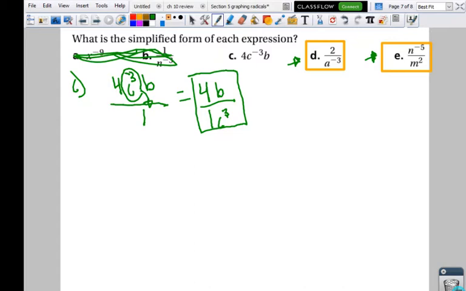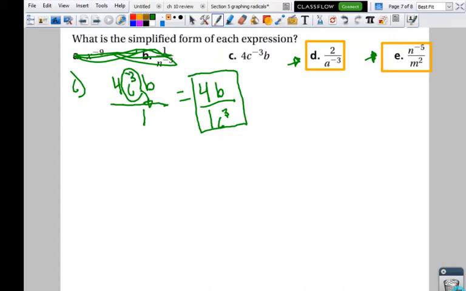Stuck, Susan? All right, let's look. So what has a negative exponent? So flip the A to the top. And when you flip it, the negative goes away. A to the negative 3 got flipped to the top, right?